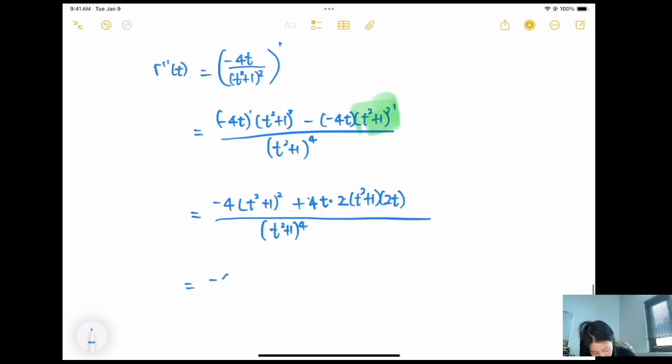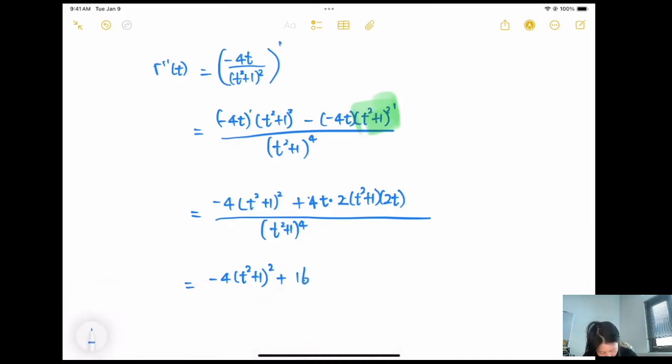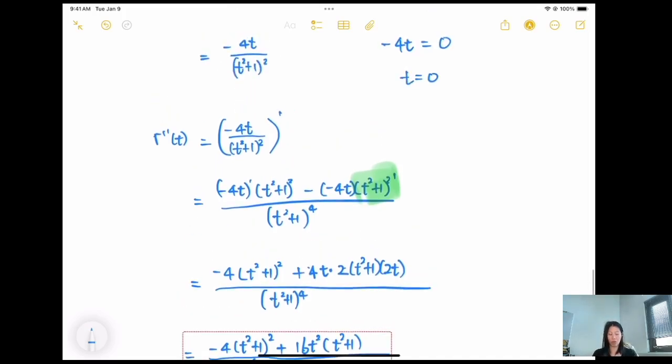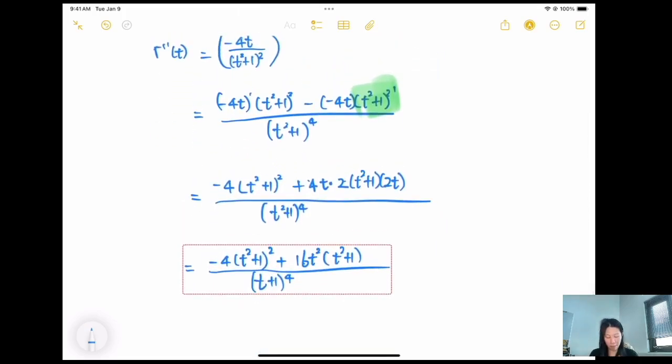Okay, so I have negative 4 times t squared plus 1 squared plus 8t, and now I still need to times 2t, so totally I have 16t squared. I know that looks very intimidating, but don't worry, because remember that we just need to plug in t equals 0 into the function to calculate that.